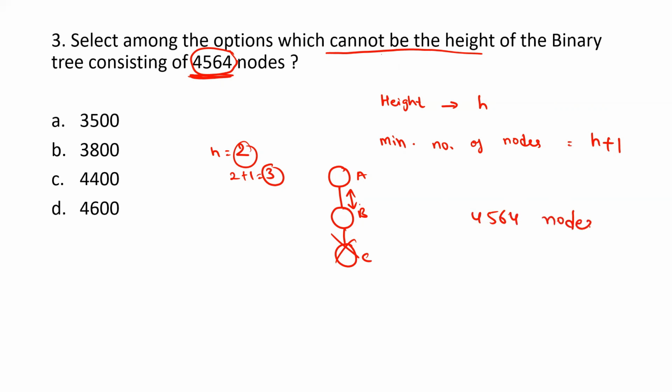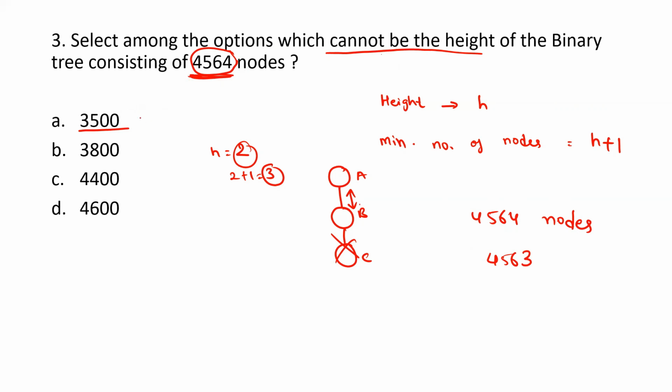If there are 4,564 nodes, then the height will be 4,563 or less than that. It might be 4,563 or it might be less, right? Now, will 3,500 be the height of the tree having 4,564 nodes?